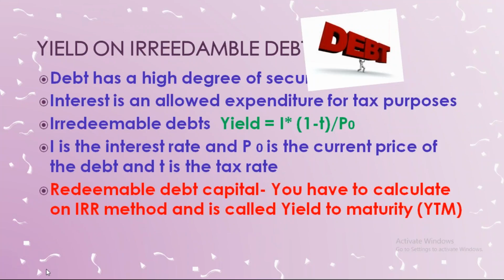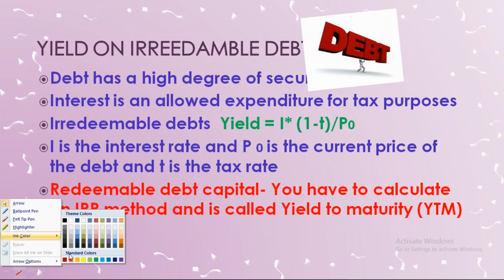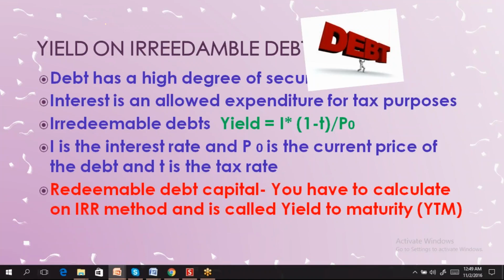But what is meant by irredeemable and redeemable is this: sometimes the company can come to the market and issue bonds which are worth $100. They will issue it at 95. Nominal value is 100, but they will issue it at 95, and they will say they will redeem it at 100 or they will redeem it at 105.